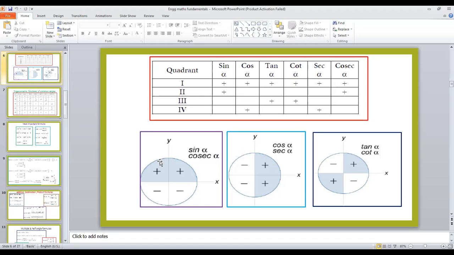Do you know which are positive in the second quadrant? Add sugar to coffee. Sugar मधला कोणता असेल? S. S is sin. So only sin is positive in the second quadrant.